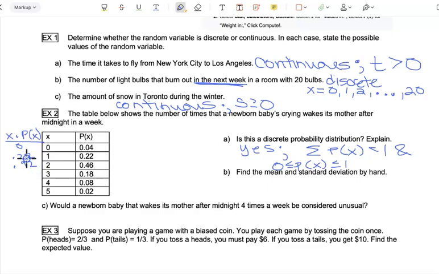Then we've got 3 times 0.18, which gives us 0.54. We've got 4 times 0.08, which is 0.32. And then finally, we've got 5 times 0.02, which gives us 0.1. So this is x times p of x for each individual value of this discrete random variable.